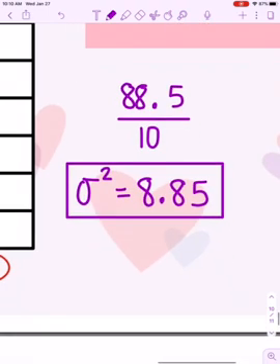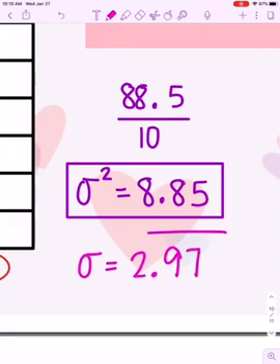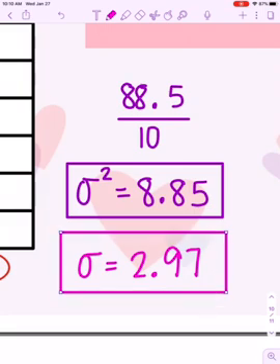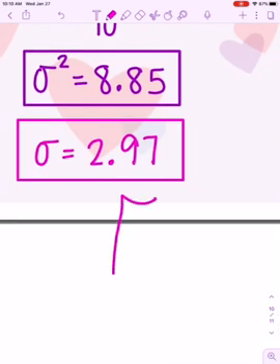Baby sigma squared is variance. I want normal baby sigma. I want my standard deviation. So I take the square root of 8.85 and I get 2.97. This is my standard deviation.